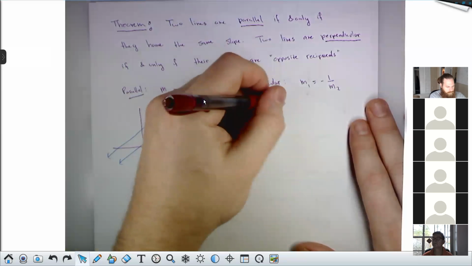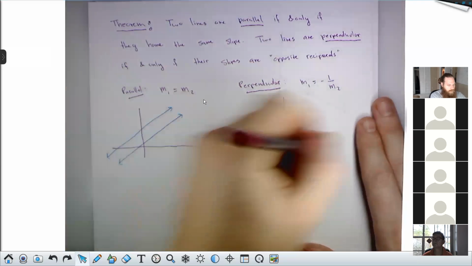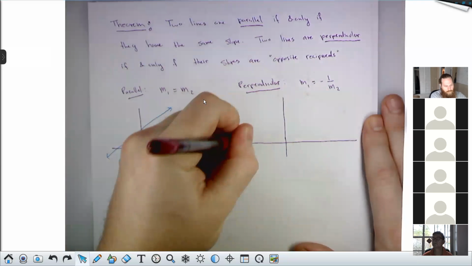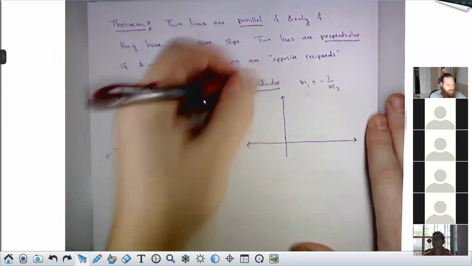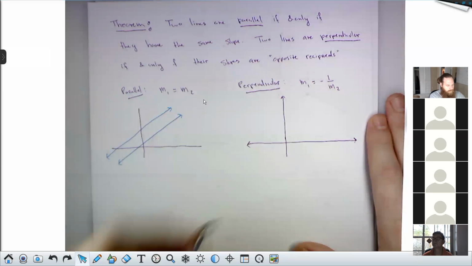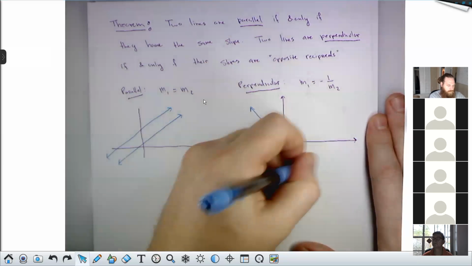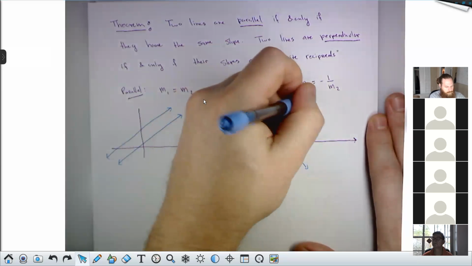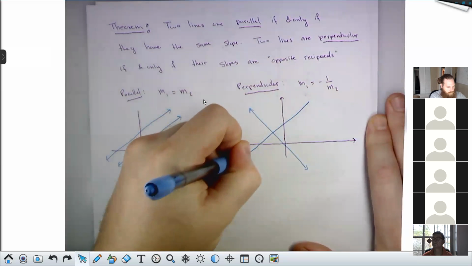Perpendicular lines, what perpendicular means is they intersect at a 90-degree angle. So for example, the x-axis and the y-axis, those are perpendicular lines. But you can also have other perpendicular lines, like this fellow is perpendicular to this fellow.